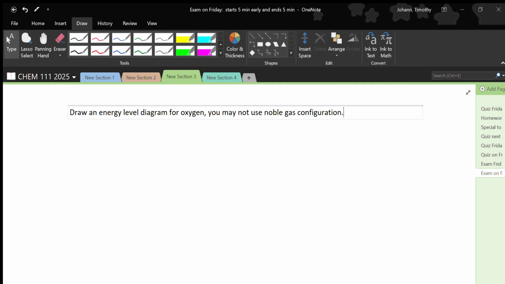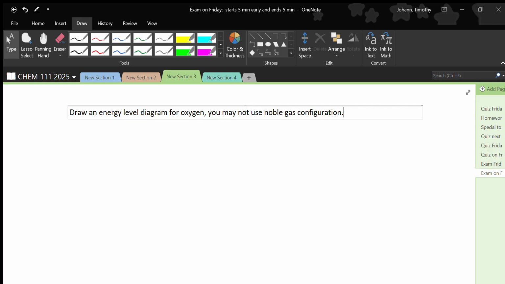Sure, which one? I would just draw that diagram. The electrons, yeah, you're going to fill them from the lowest number to the highest number. You see the 1s in the first row.